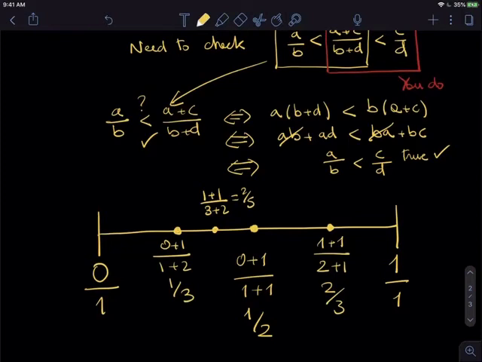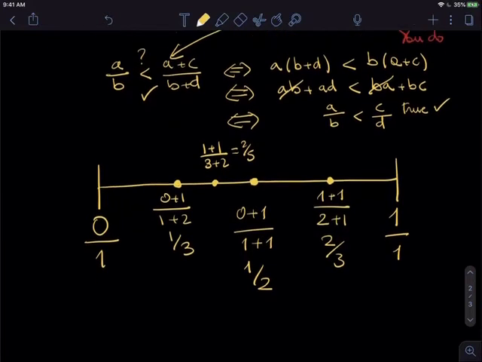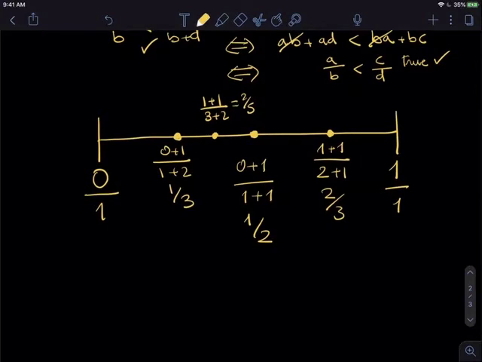And this process will never end, because for whichever two numbers you pick, you can always produce one more in between. So even if you think you are done, just pick two of those and you can produce yet another one and keep going on and on. So it looks like the whole interval is basically filled with rational numbers.